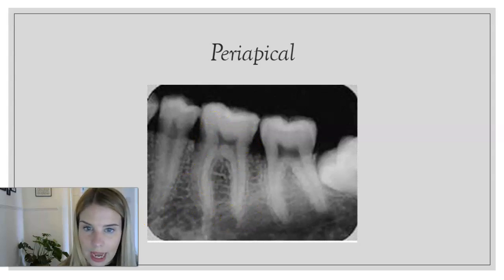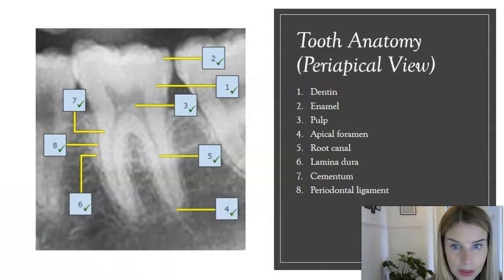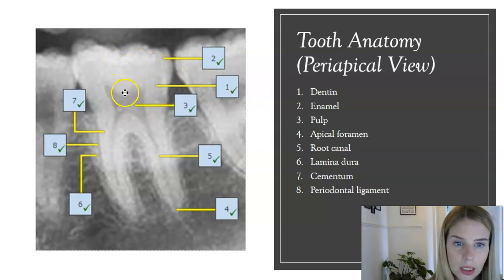Okay, so in terms of anatomy of your tooth, this is something that you can go over and learn in your own time, but we'll just talk briefly. So obviously you have the dentin, and then number 2 up here, you've got the enamel, so the nice hard bit, and then you've got the pulp, and then you can work your way down and learn this.